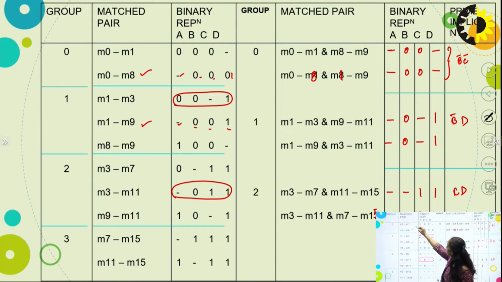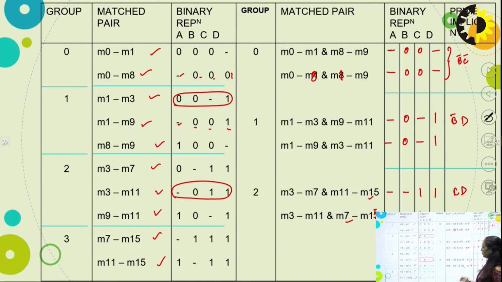So we have used M0, M1, M8, M1, M3, M1, M9, then M3, M7, M3, M11, M9, M11, 7, 15, and 11, 15 we have used. So tick all the minterms that are used in the next stage, right?